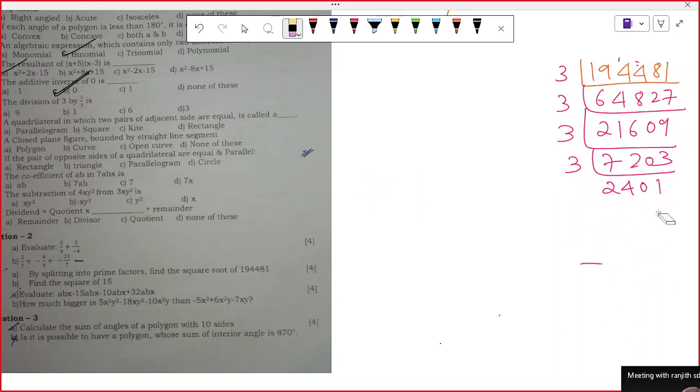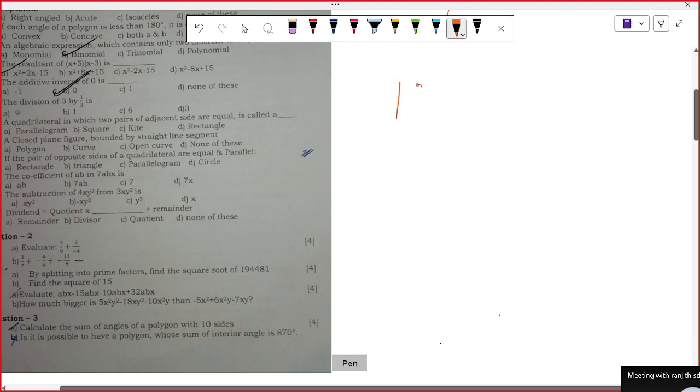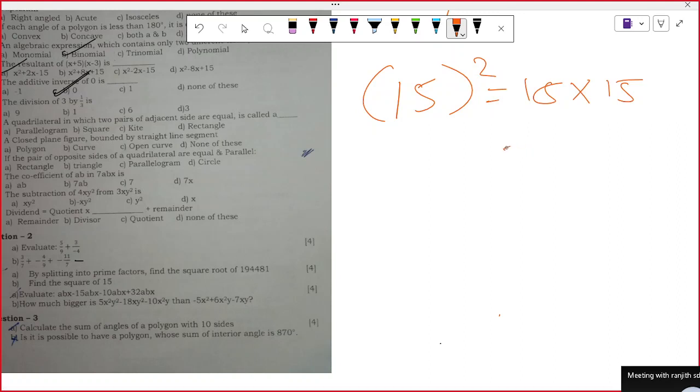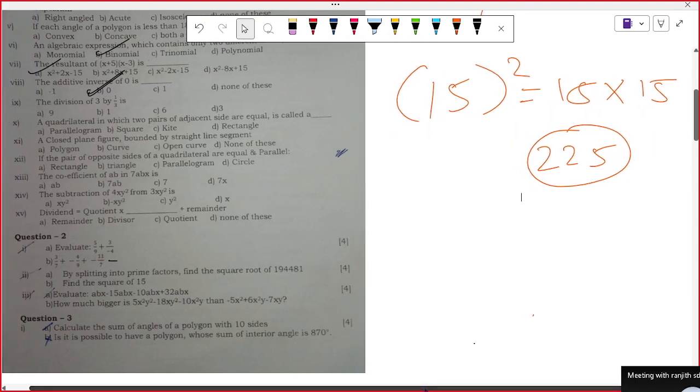How many times do you have to multiply? 15 is multiplied 2 times. Twice. So you have to find the square. 15 into 15 is 225. I think this is for 1 mark. The previous question was 3 and this is for 1. Okay, next question done. Shall we move on to the next one?